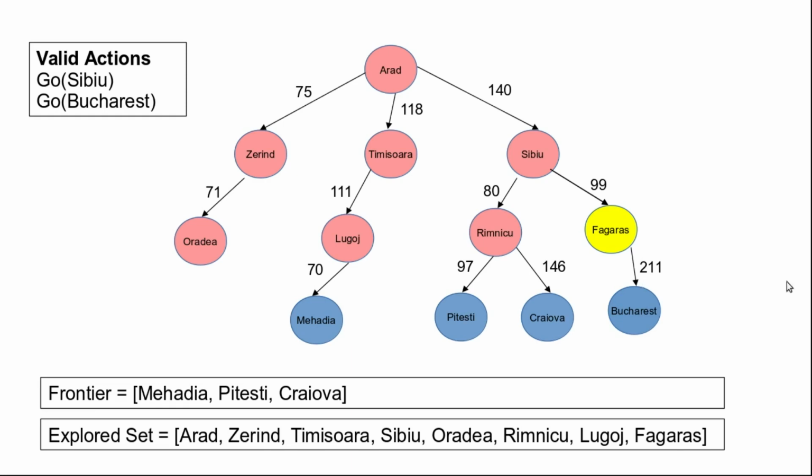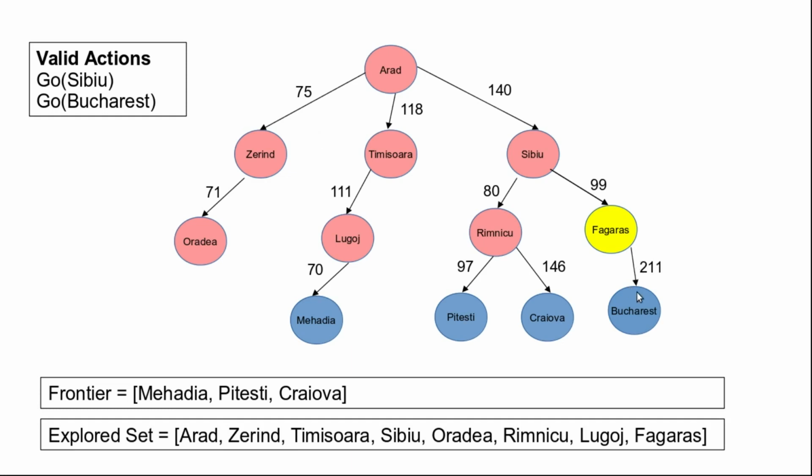But in case of uniform cost search, we don't check whether a node is a goal state at the time the node is generated. We check whether a node is a goal state only when it is selected for expansion, not when it is generated. So that's one difference between BFS and uniform cost search.